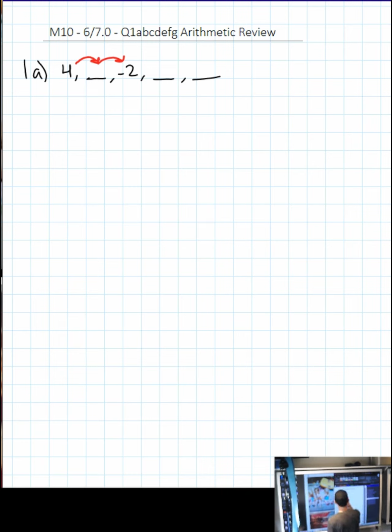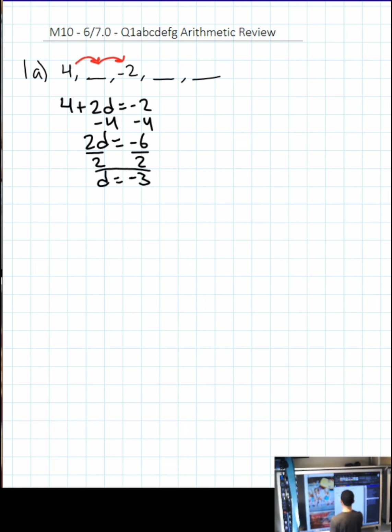We're going to take 4 plus the number of differences away. So that's 2 differences, so 4 plus 2d is equal to -2. If we subtract 4 from both sides, 2d equals -6, and divide both sides by 2, d equals -3.